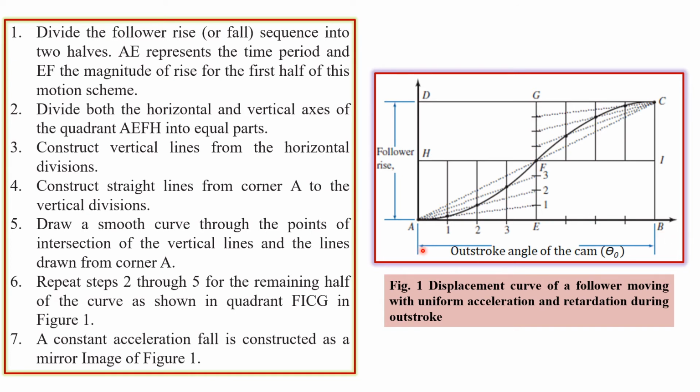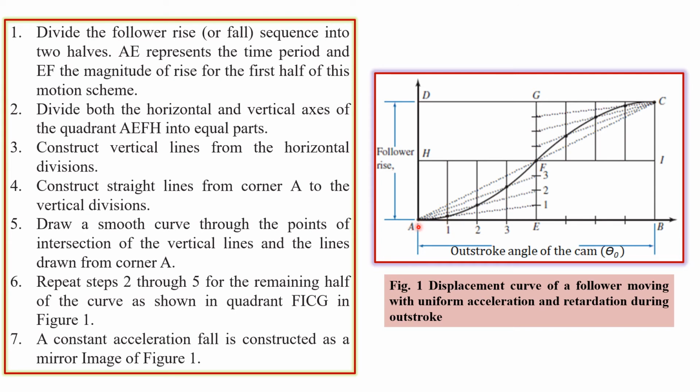Along the abscissa we have taken the outstroke angle of the cam, and for the 80 degree outstroke angle we have assumed some scale. For the sake of understanding, we can assume that every centimeter taken along the x-axis represents 10 degrees rotation of the cam during its outstroke rotation.